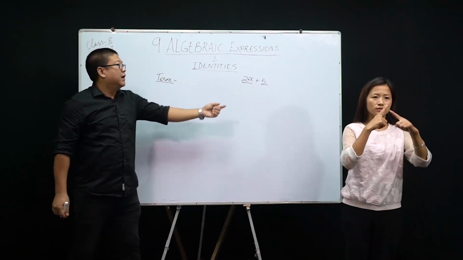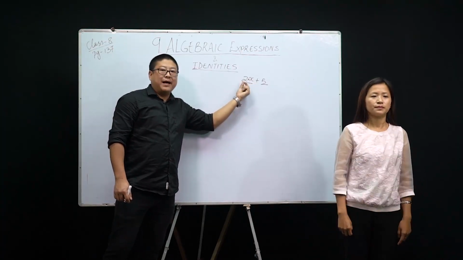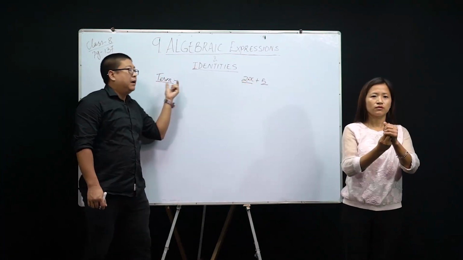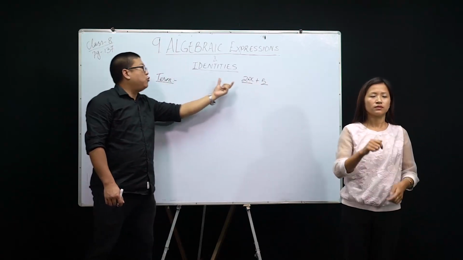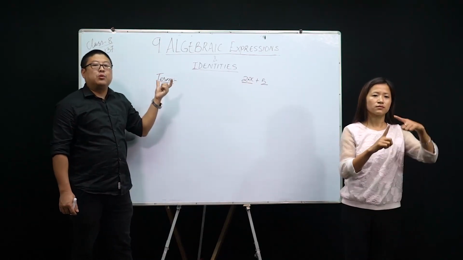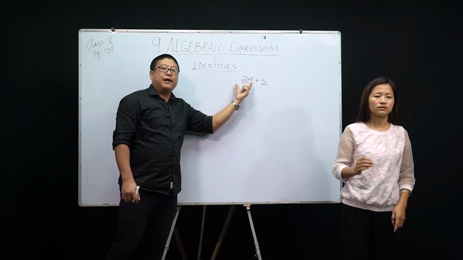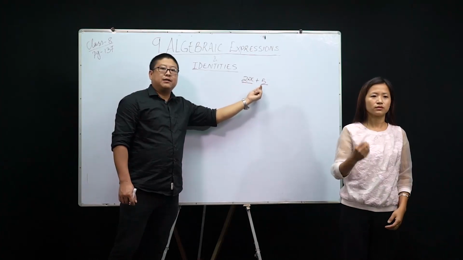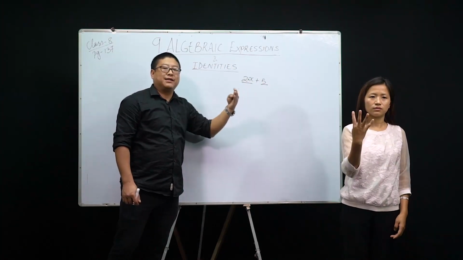2 into x. 2x simply means 2 into x. And these together form a term. Plus we have 5. This 5 will also be called a term. So term simply means the combination of variable and numbers which are separated by another variable and number or a simple number.